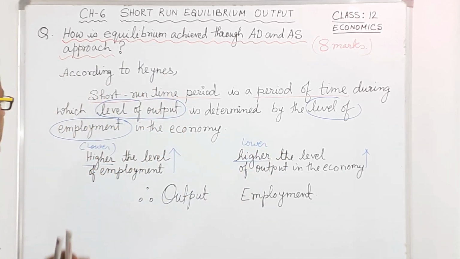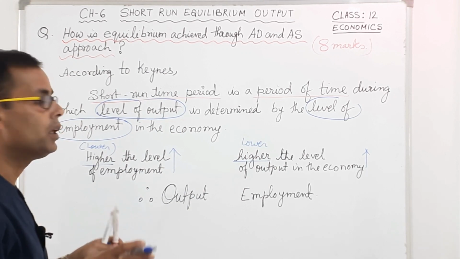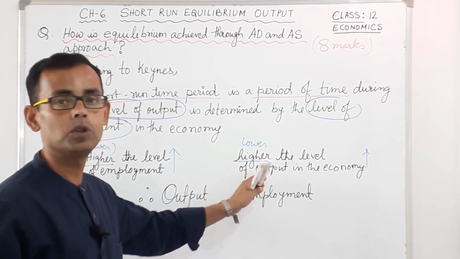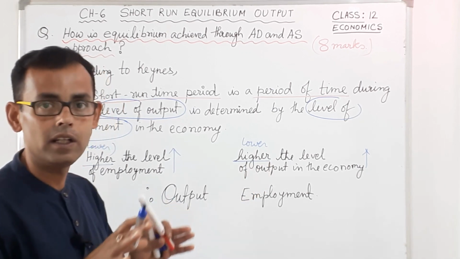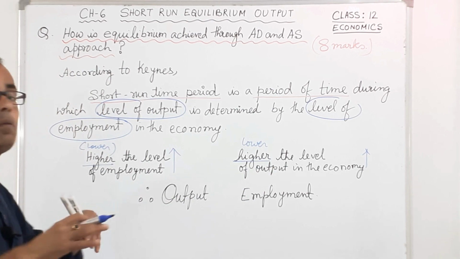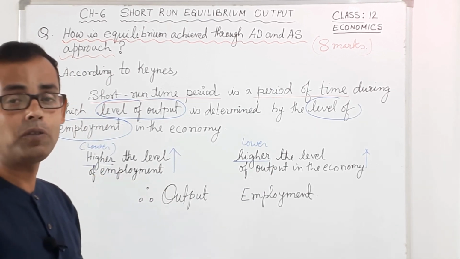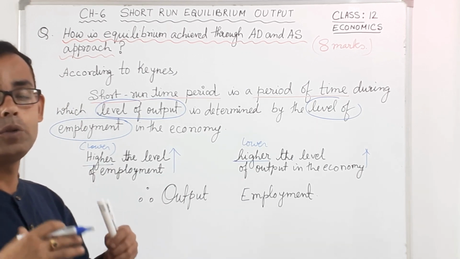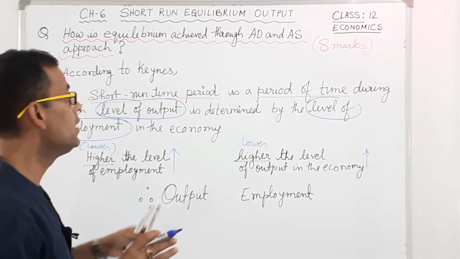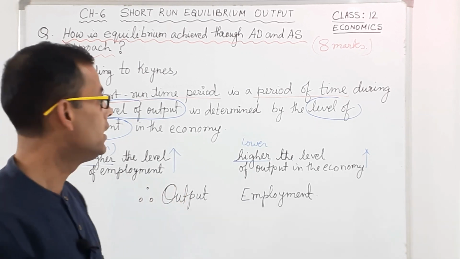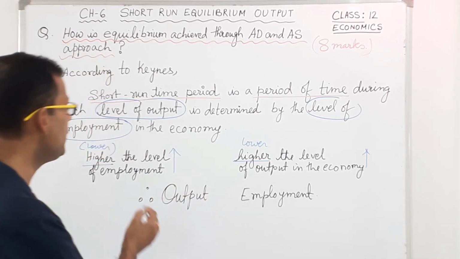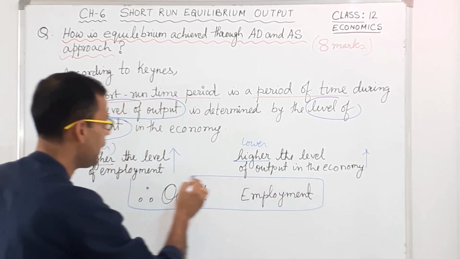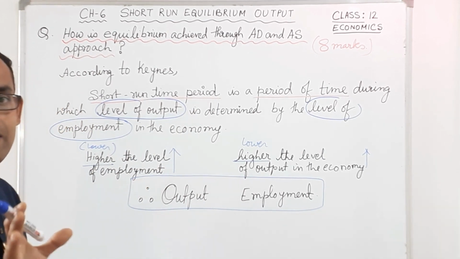इसका मतलब क्या है? जितना कम हम लोग रिसोर्सेज यूज करेंगे उतना कम ही आउटपुट ऑफ गुड्स will be less. Again, when we are going to use more employment of resources, then the output will be also more. That means in one word we can say output and employment, there is a direct relationship.